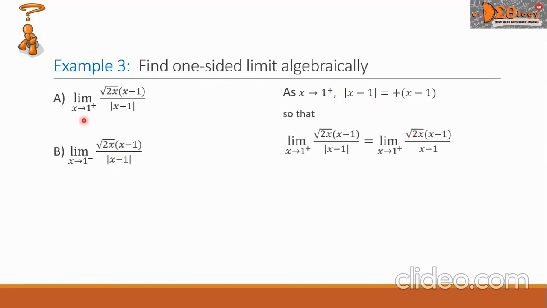So we will rewrite our problem here to be the limit of the square root of 2x times x minus 1 all over x minus 1 as x approaches 1 from the right. Observe that there is a common factor in the numerator and in the denominator, and that is the x minus 1. So we can cancel those terms.